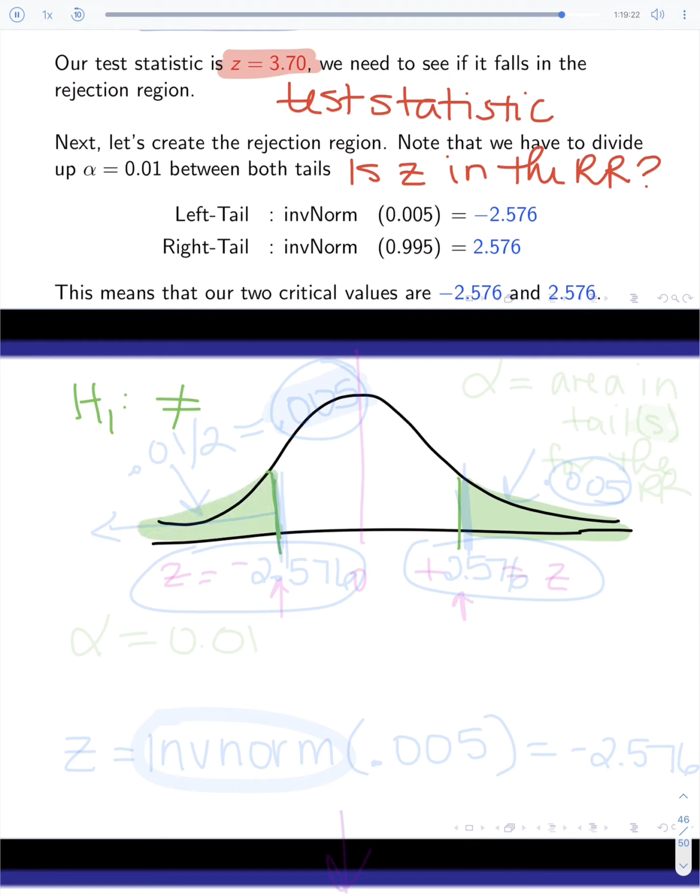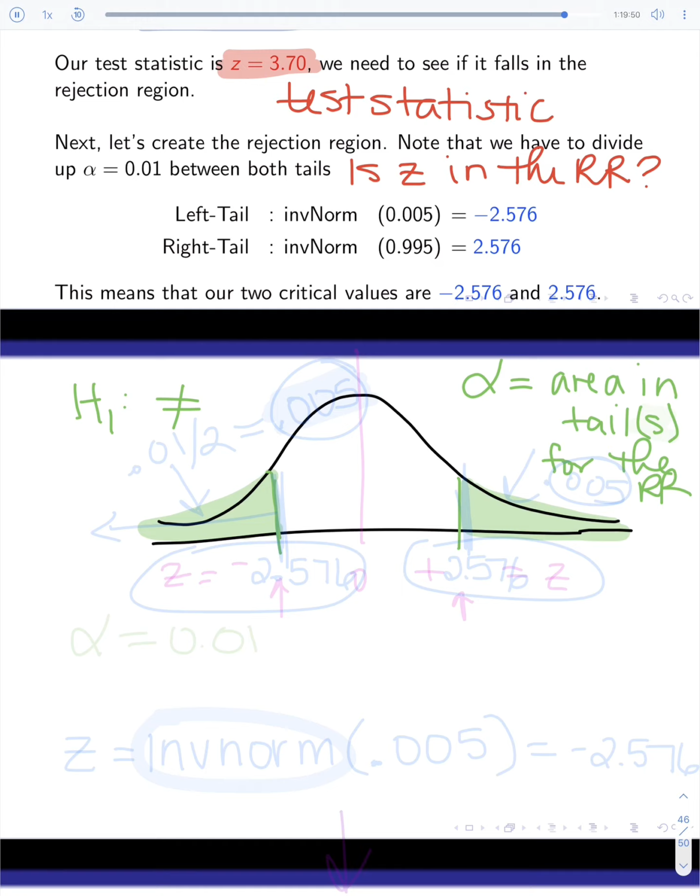The question is, how do I come up with my rejection region? Well, as a reminder, your alpha, your level of significance, is the area in the tail, or in this case, tails, for the rejection region. So if you go back to the original problem, we want to figure out what our alpha is, our level of significance, which was 0.01.